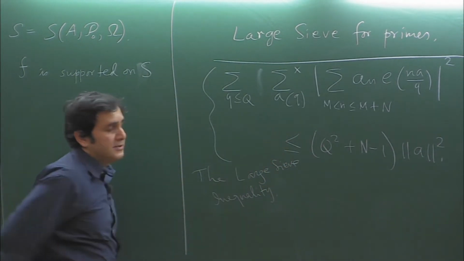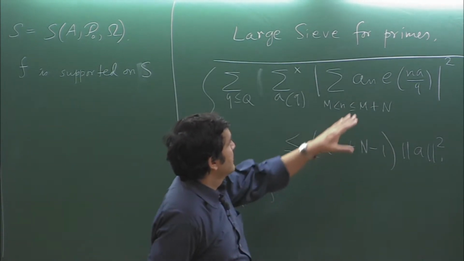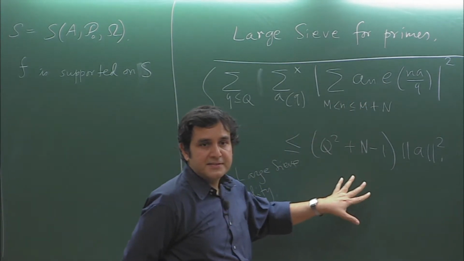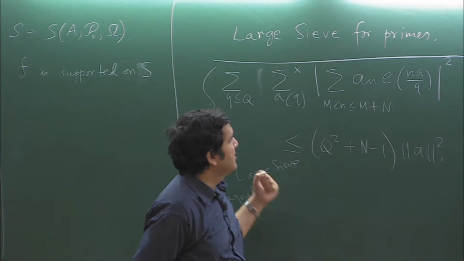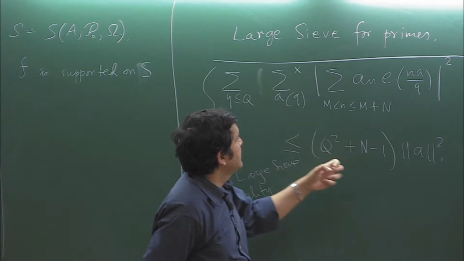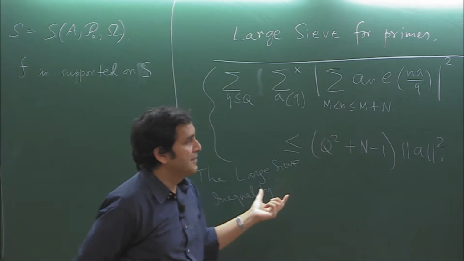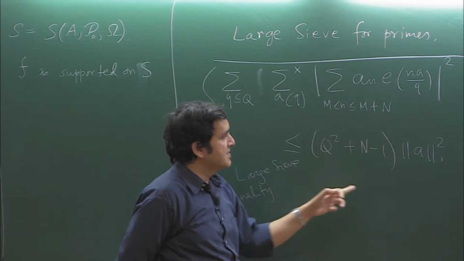See, the problem with this inequality is that suppose the set is very sparse, that doesn't reflect in the right hand side. The right hand side depends only on the size of Q squared and the length. So for example, suppose a_n is supported only on primes, that won't be reflected here.